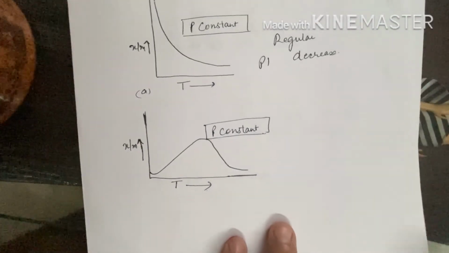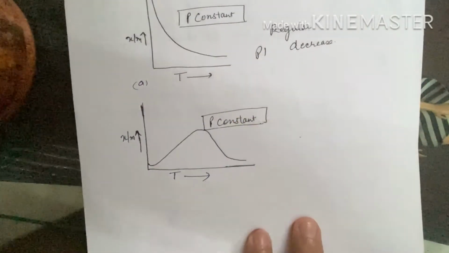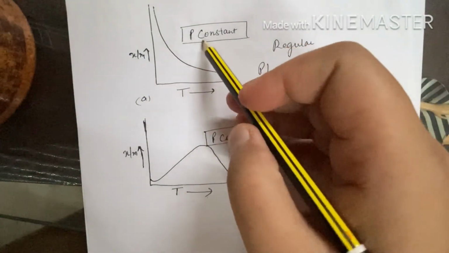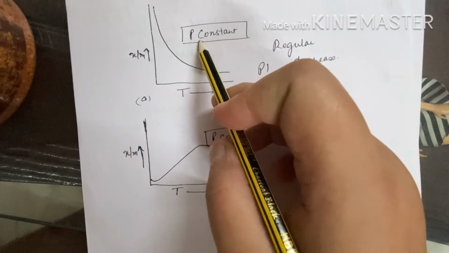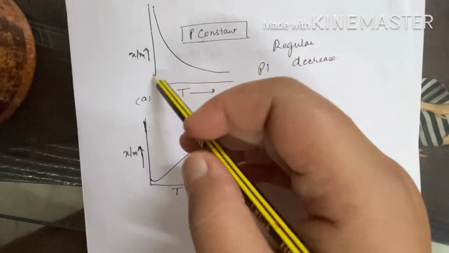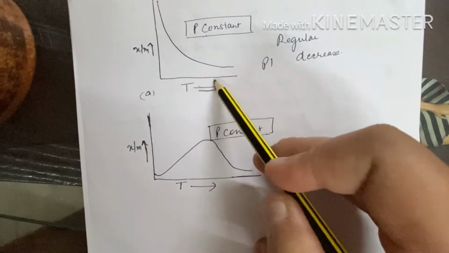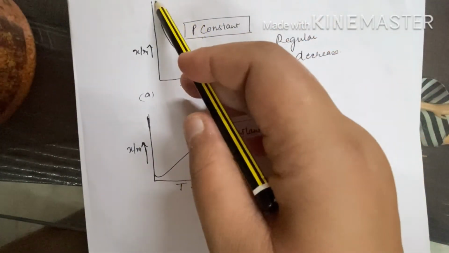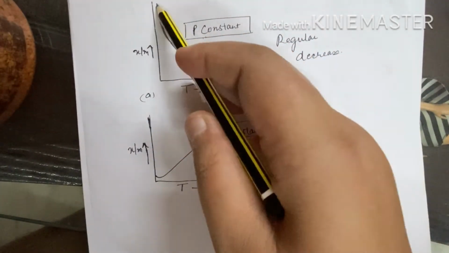So I have made two graphs. Here, we let the pressure be constant, and by increasing temperature the curve is like this.